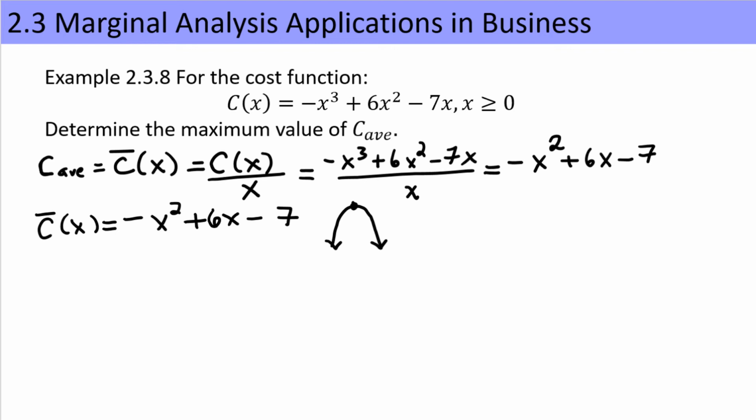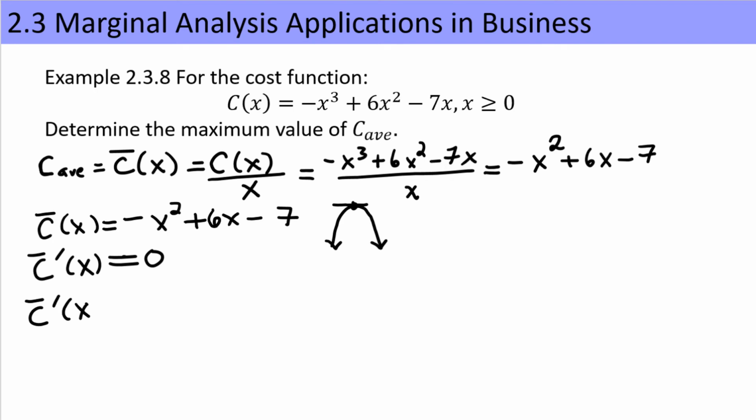Now let's observe that at this high-end vertex point, you have a tangent line, and the tangent line has a slope of 0. So, to find this maximum location, we need to find the derivative of the average cost and set it equal to 0. Let's do that.